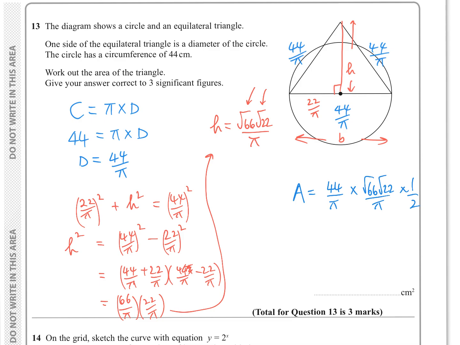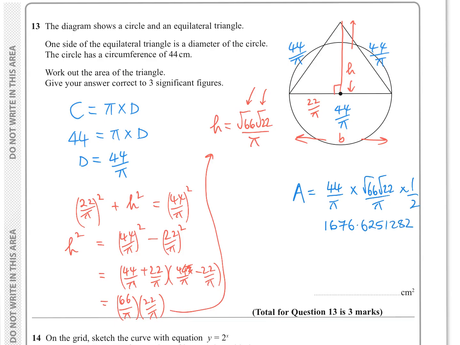So I'm now just going to put in the numerator 44 times root 66 times root 22, and that's going to be 1676.625182.